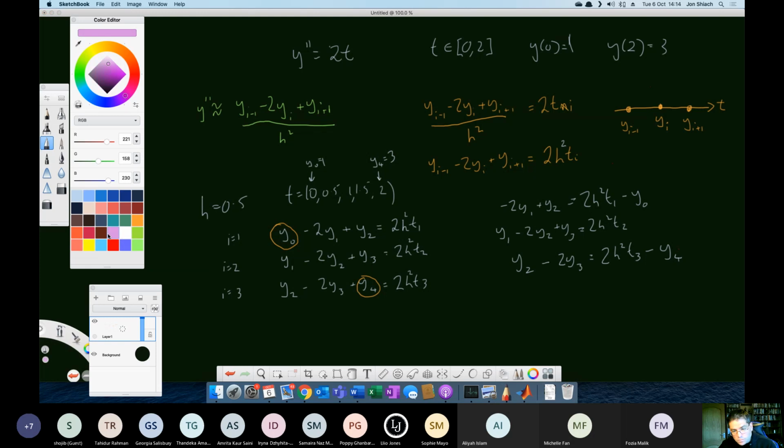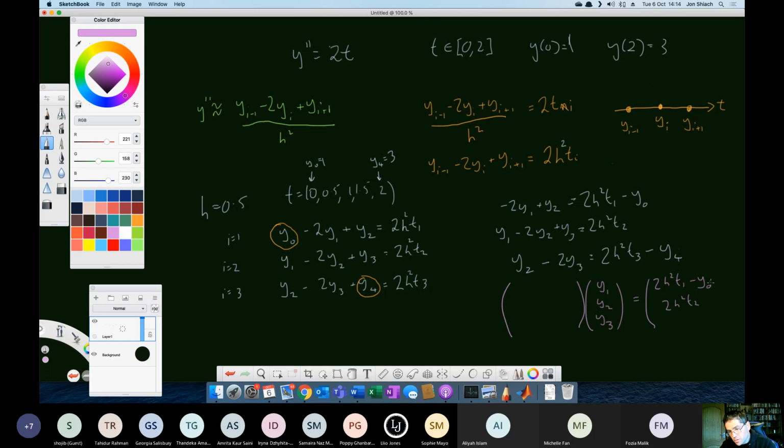Okay, so we can write this as a matrix equation. So y1, y2, and y3 are unknowns. On the right hand side we have this vector 2h squared t2.